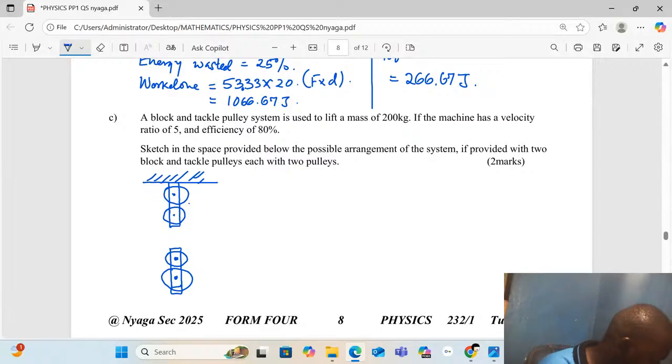So now, where should we start our rope from? From the lower block.